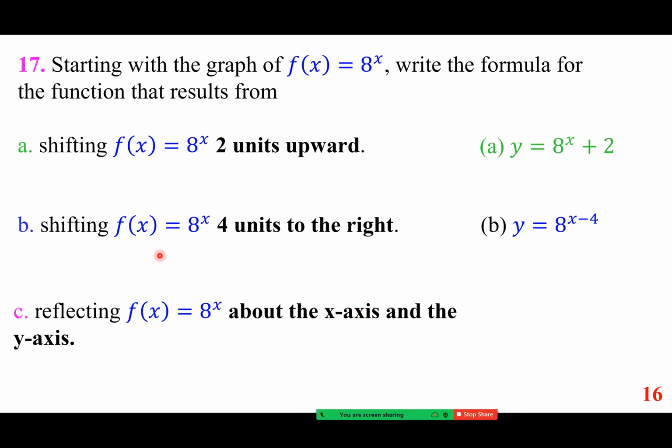That means the y becomes negative. That means you put a negative in front of the whole thing. This is the y function, right? And then the y-axis. Now you're going to change the x also. If you stop at this point, you put a negative sign here. And for the y-axis, you put a negative sign in front of x. So you have both of them.